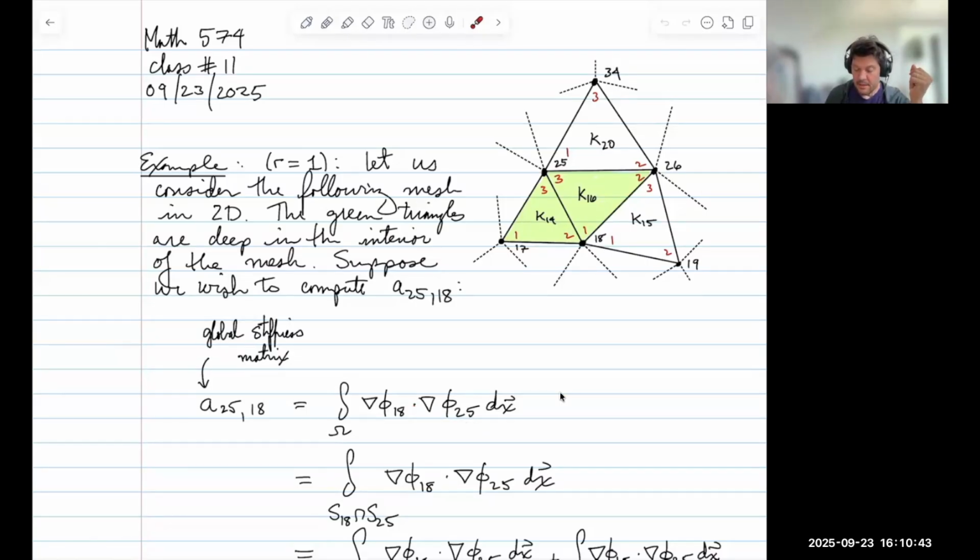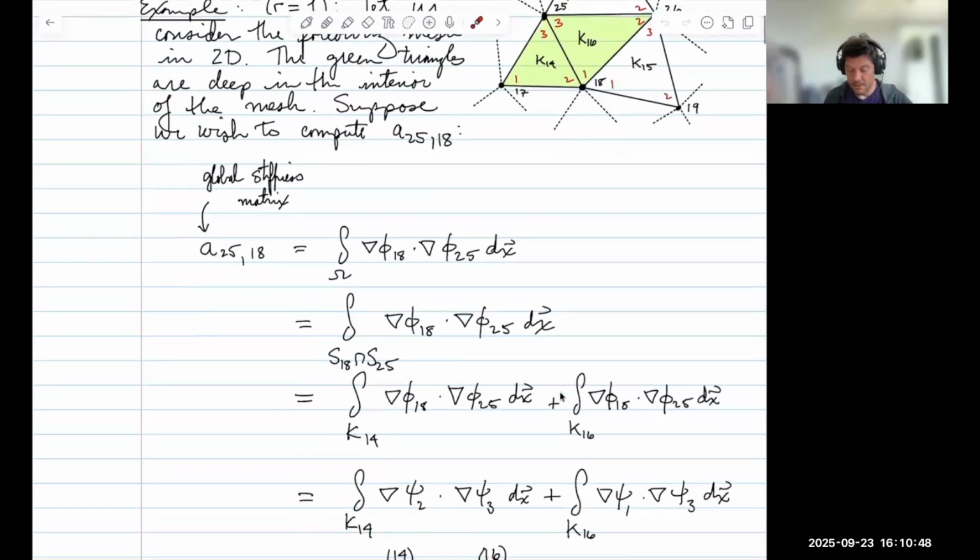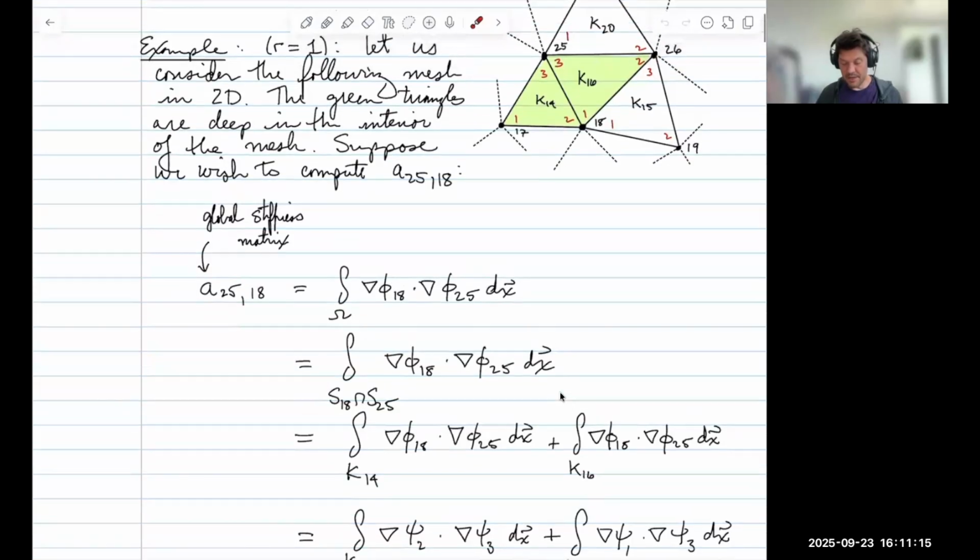Now, the only contribution to this integration is over that part of the domain that is precisely equal to the intersection of the supports for the 18th and the 25th basis functions, so S18 intersect S25. I think you can see why that's happening.